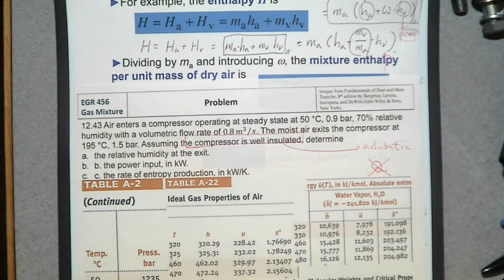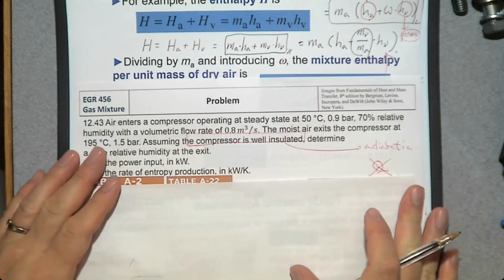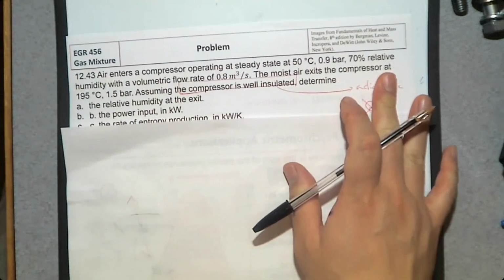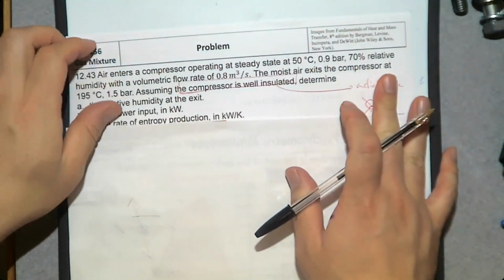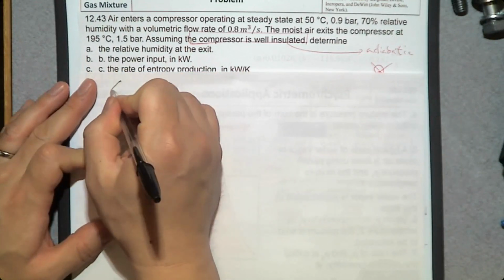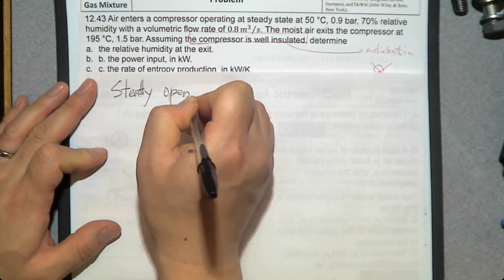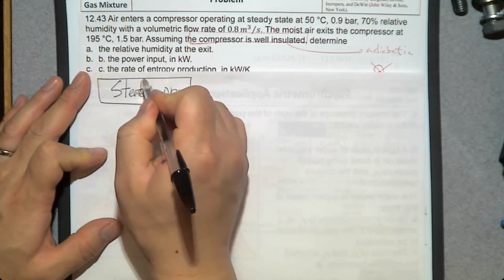Then let's write down the energy balance equation. The energy balance equation for the compressor can be found, if you don't remember, by using the general energy balance equation for a steady open system. So what was the general energy balance equation?